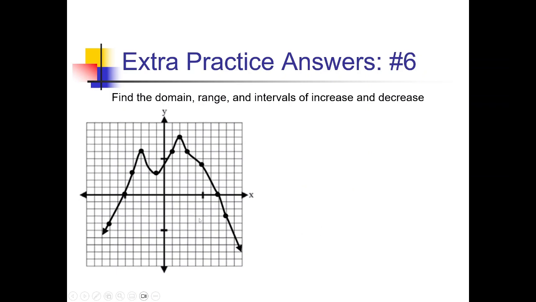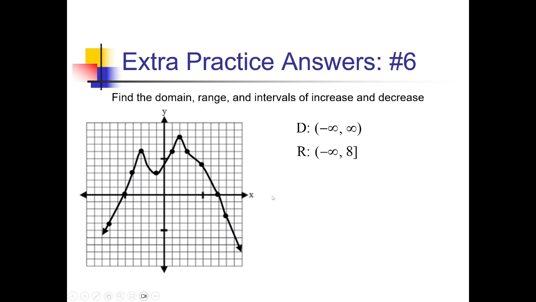On this next one, for the domain, we're going left and right forever with no gaps in between. So parentheses, -infinity, comma, +infinity. For the range, we're going down forever in both directions, so -infinity is the quote-unquote beginning of the range. But in terms of going up, we actually can't get any higher than this spot right here. This looks like +8, so that's going to be a bracket with an 8.